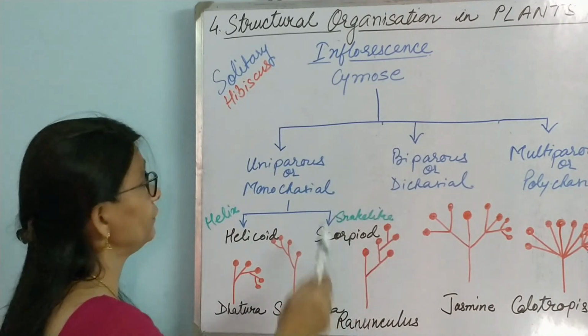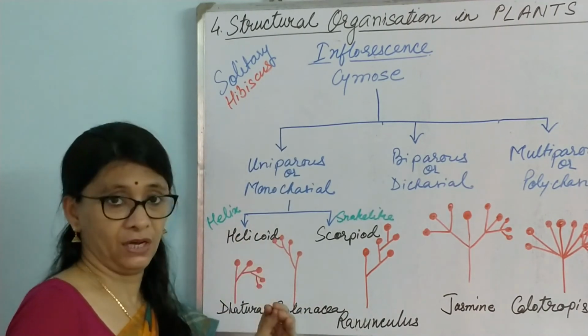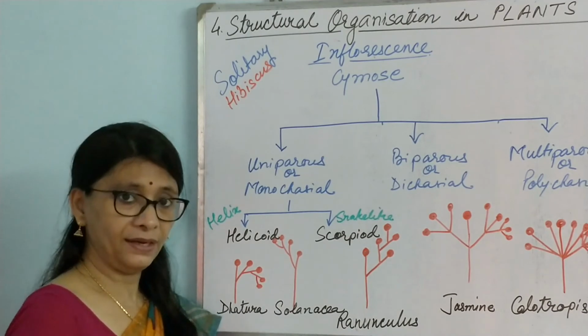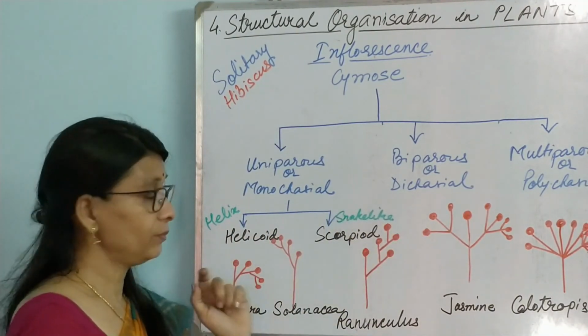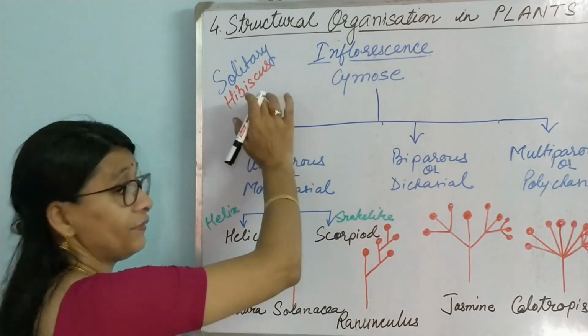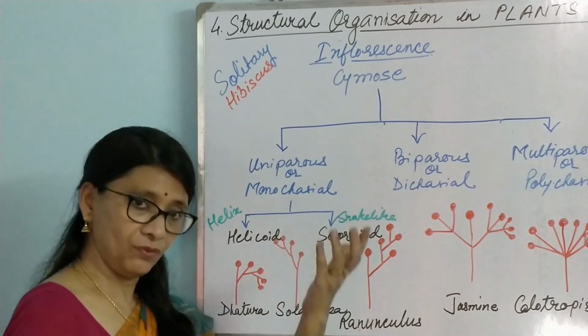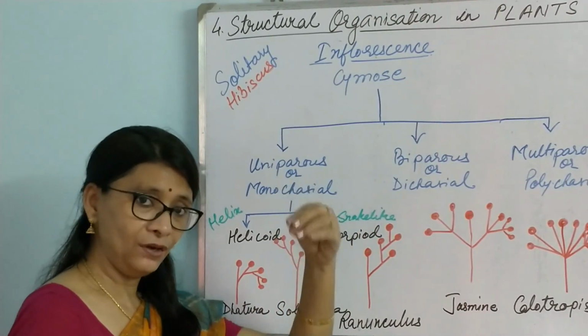Now, flowers are either solitary or in an inflorescence. We have seen Cymose inflorescence, but sometimes in a solitary flower also Cymose development is seen. That means when a flower blooms, that will be the end of that branch.